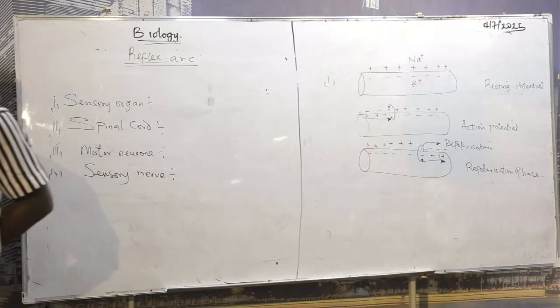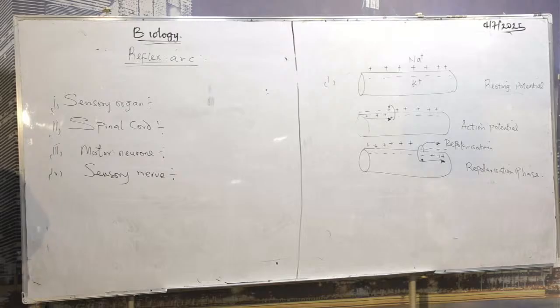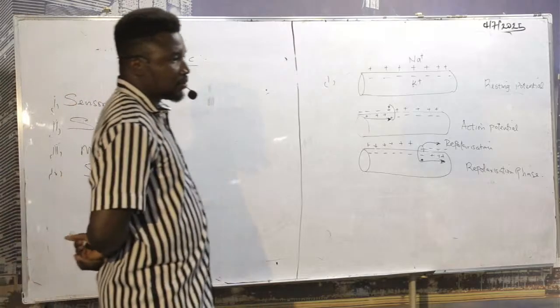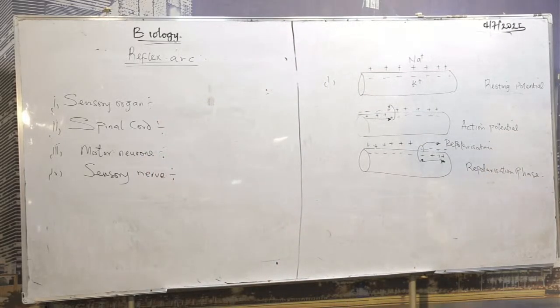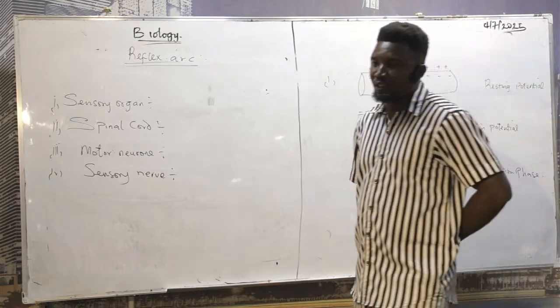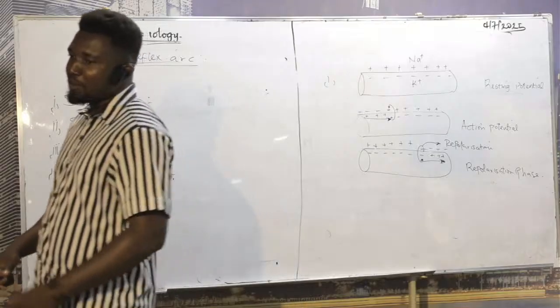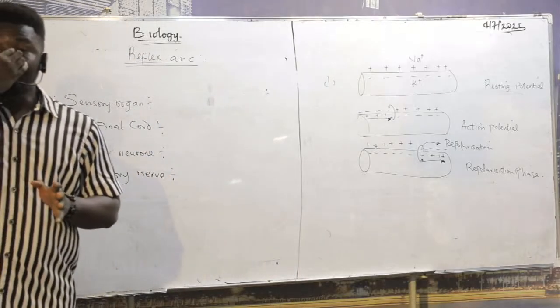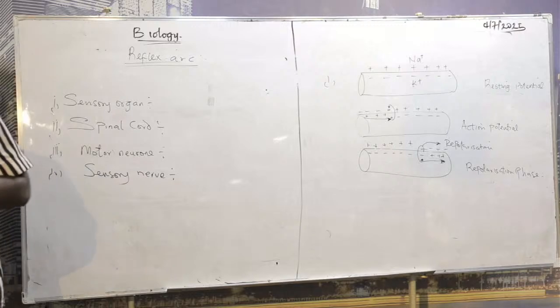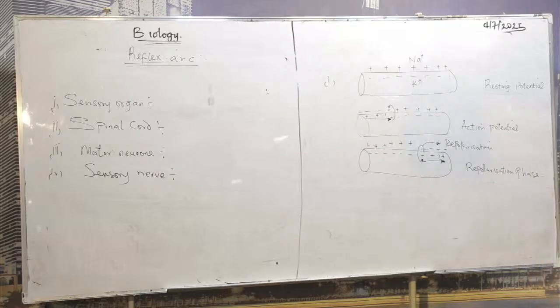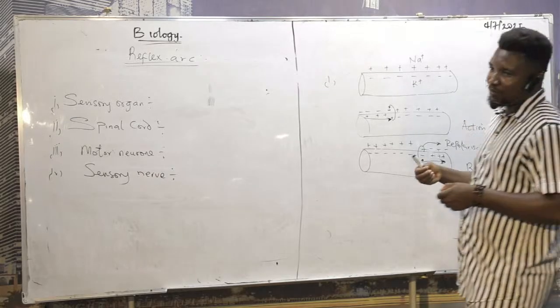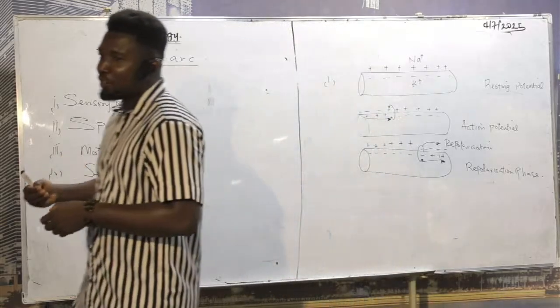Now, inhibition of reflex action. You don't need to write it, but I will explain. What is inhibition? I am about to carry a hot pot of soup, but I thought the hotness would not reach the handle, and immediately I lifted it. I start feeling the pain some milliseconds after lifting it.